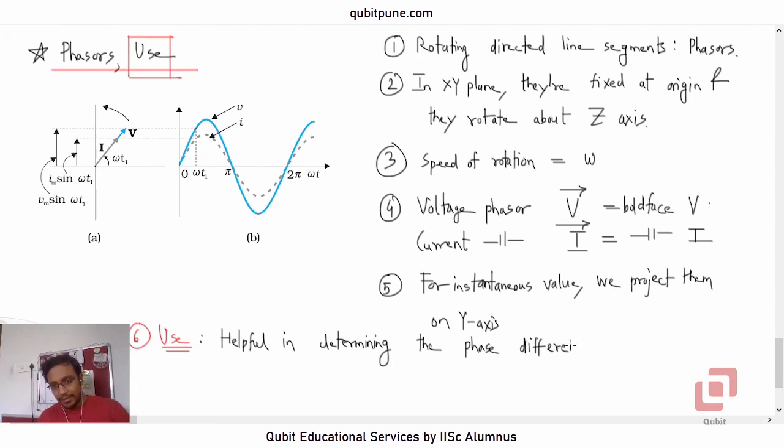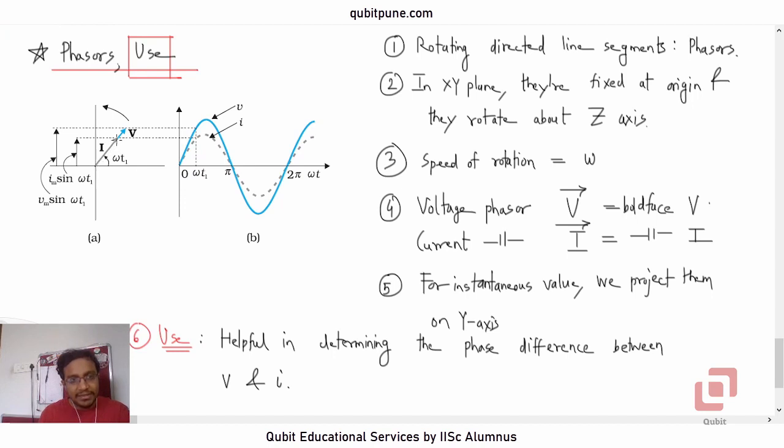Useful in determining the phase difference between voltage V and the current I, because we know that in an RLC series circuit, phi can range anywhere from negative pi by 2 to positive pi by 2, with special cases being phi equal to 0 if it is purely resistive, and phi equal to plus pi by 2 or minus pi by 2 if it is purely capacitive or purely inductive.